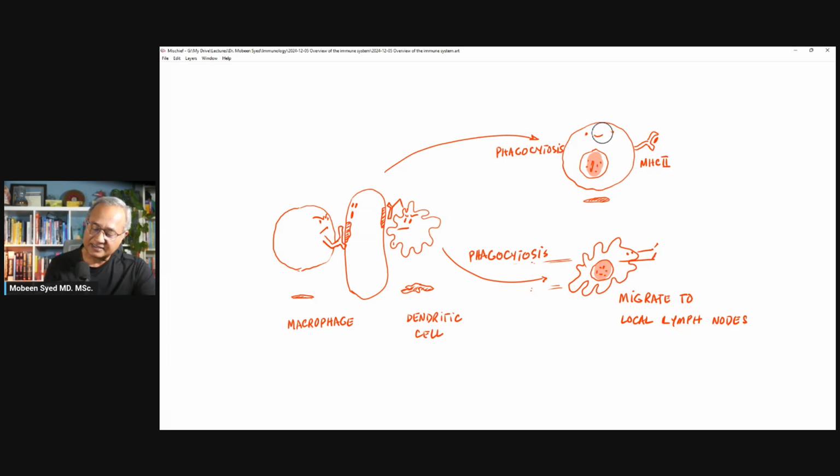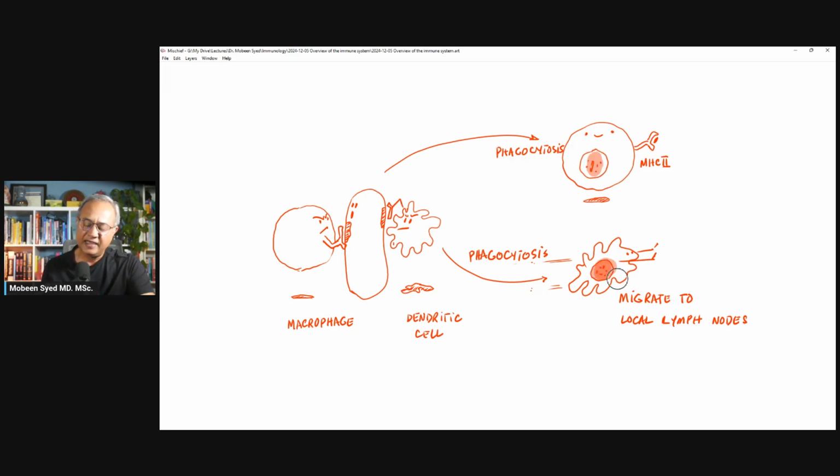However, as I said before, macrophages will tend to stay in that area and continue to do this function. On the other hand, a dendritic cell is more capable of moving to the lymphatic channels and through that into the lymph nodes. So now imagine if my finger had the infection, there a macrophage had eaten up the pathogen and now it is just destroying it in that local area.